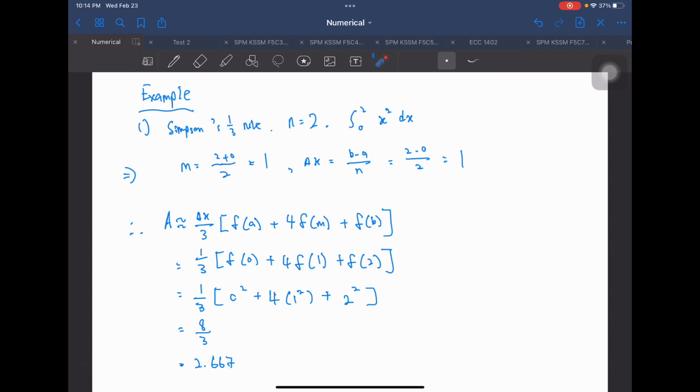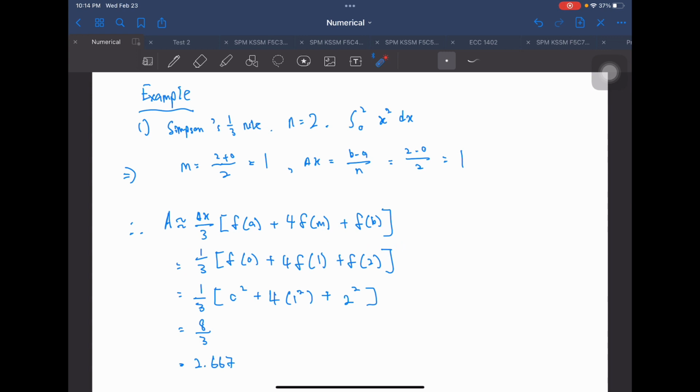Using Simpson's one-third rule, n equals 2, and given this integration, find the area under the curve. First you calculate m using the formula, and delta x. So you get both equal to 1, and then you plug delta x, a, m, b inside.